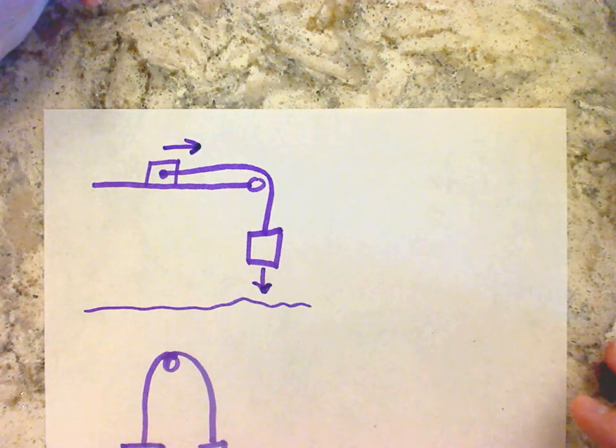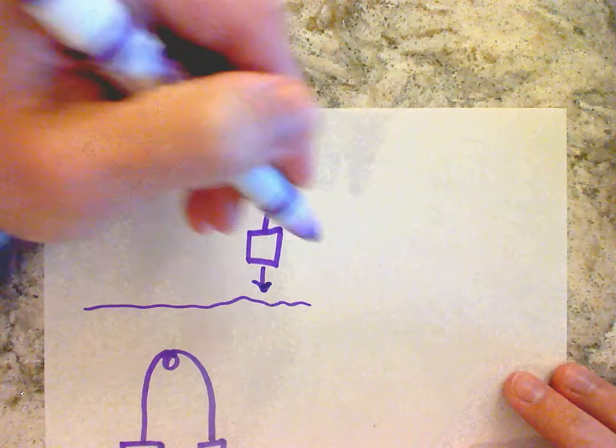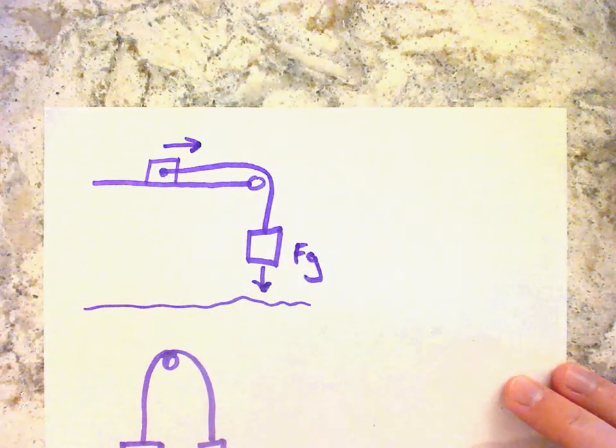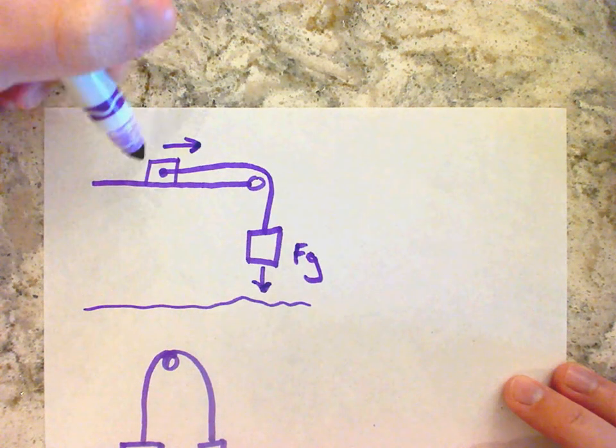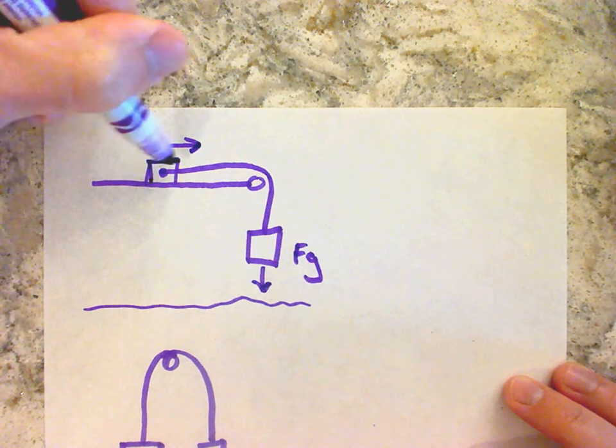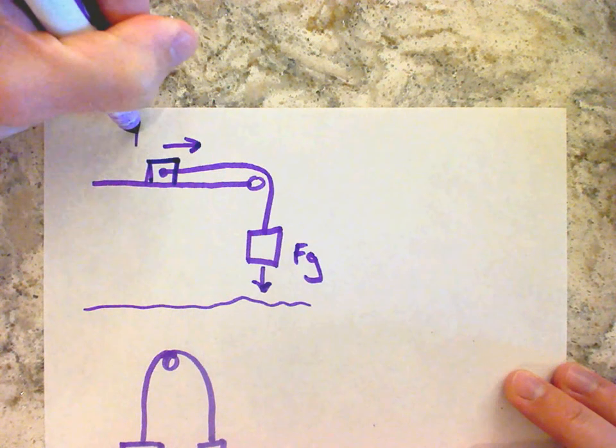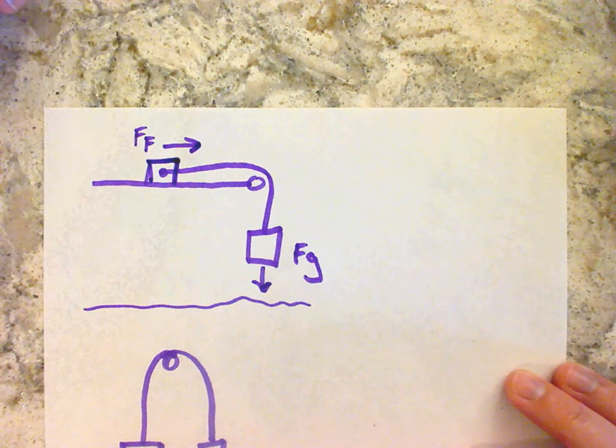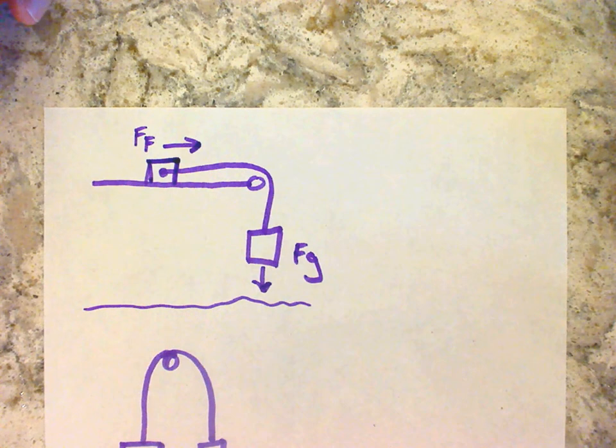So if you're solving for acceleration, you've got the FG of this working against this object that's up here to see if it's going to accelerate. So you probably need to find a frictional force that's up here and kind of go from there.